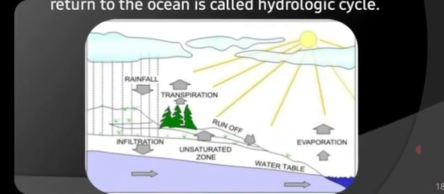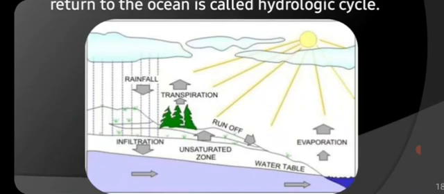And that evaporated water goes to the atmosphere, clouds are formed, then condensation occurs, and then due to pressure variation and temperature variation, rainfall occurs. So the second part is rainfall.